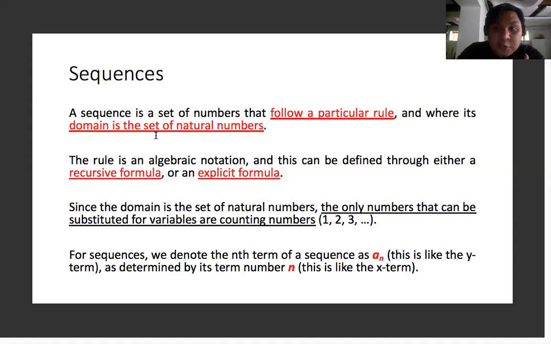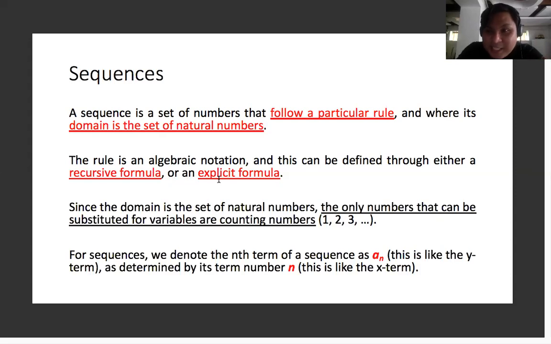So you cannot substitute fractional numbers like 1/2 or 10.75. It has to be positive numbers: 1, 2, 3, 4, 5. So the rule is an algebraic notation, and this can be defined through either a recursive formula or an explicit formula.